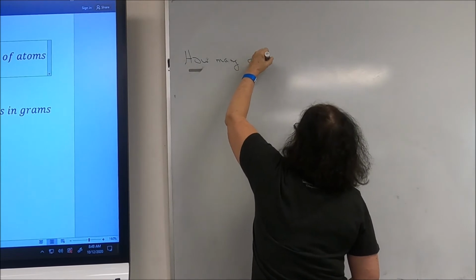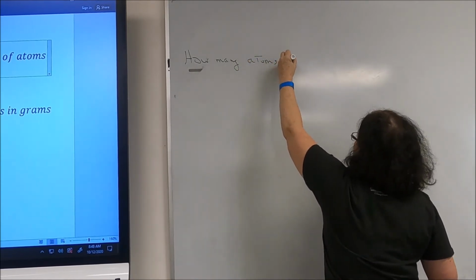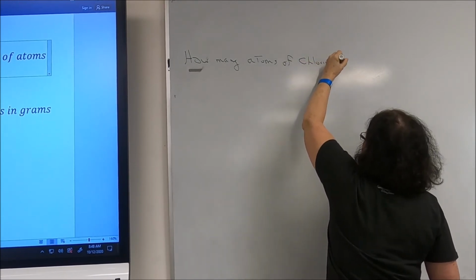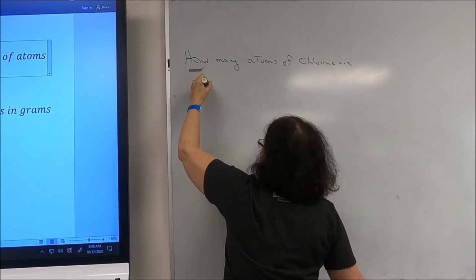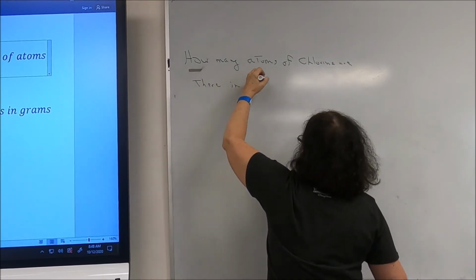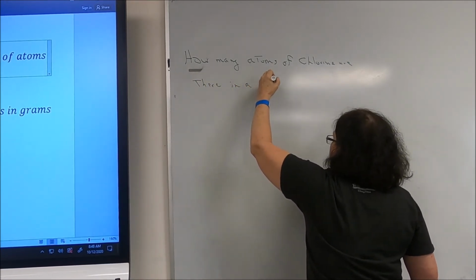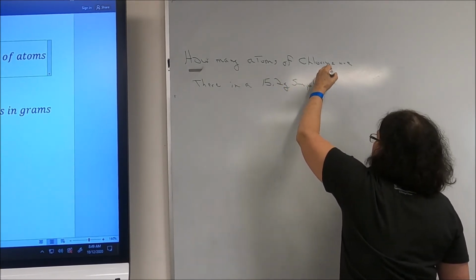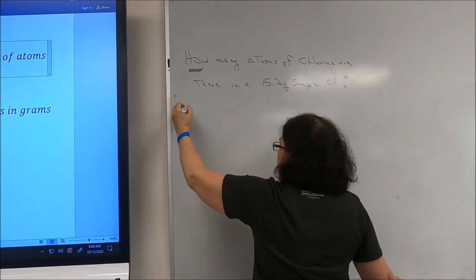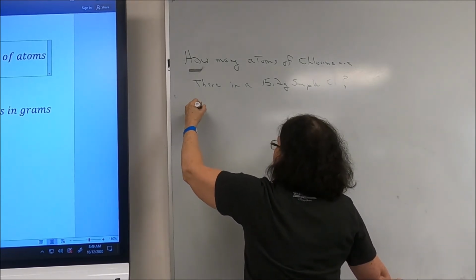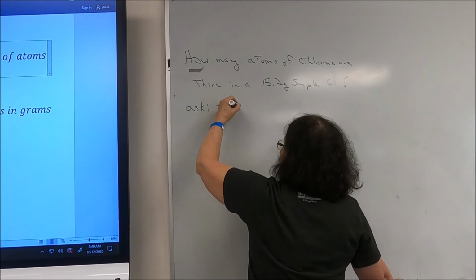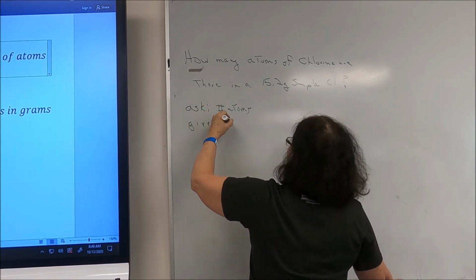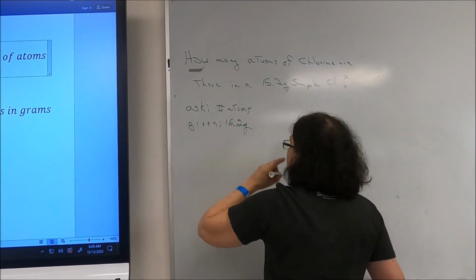How many atoms of chlorine are there in a 15.2 gram sample of chlorine? So we're asked number of atoms, and we're given that we are starting with 15.2 grams.